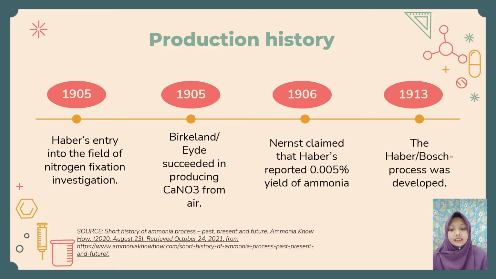And in the year 1906, Nernst claimed that Haber reported a 0.005% yield of ammonia. And finally, in 1913, the Haber-Bosch process was developed, which, as we know, is until now mostly used in many industry fields.